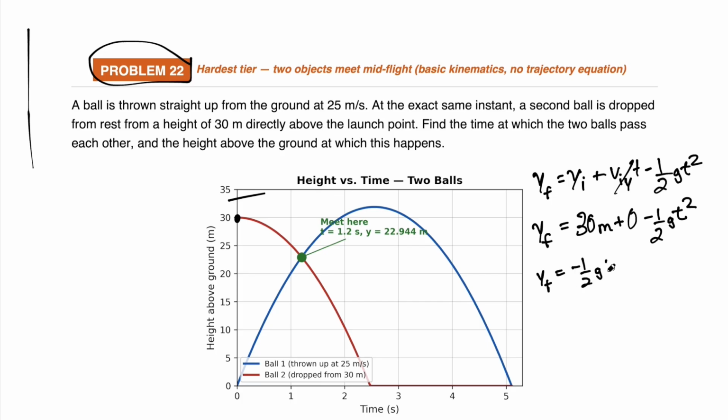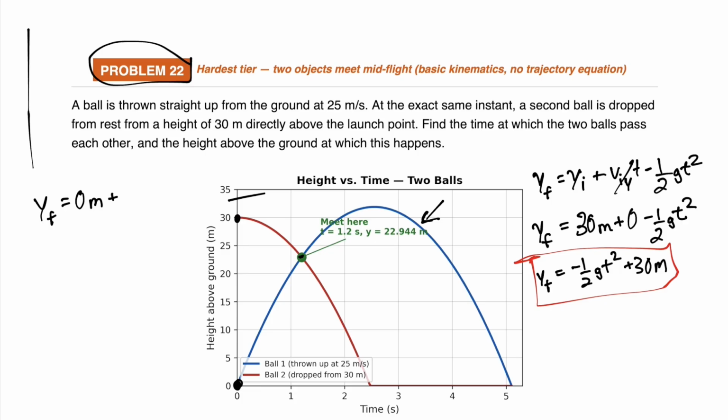Now, since this is for the red equation, because we have two equations here, I'll highlight this one in red. And then I'll write another equation, but I'll highlight this one in blue for the parabola. The blue parabola. YF is still going to be the same point. So YF is equal to Y initial, but here Y initial is 0 meters, plus VIY.